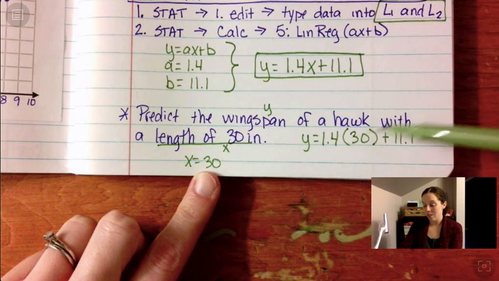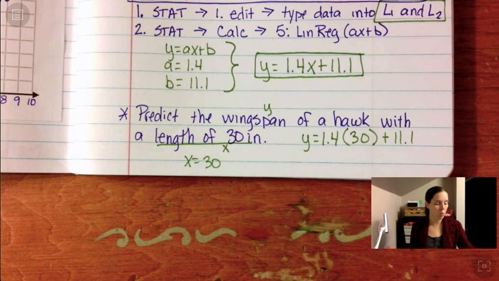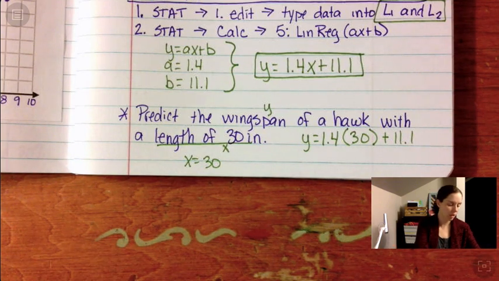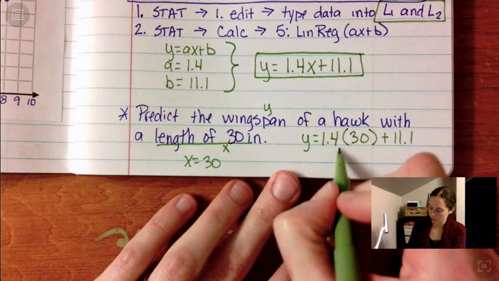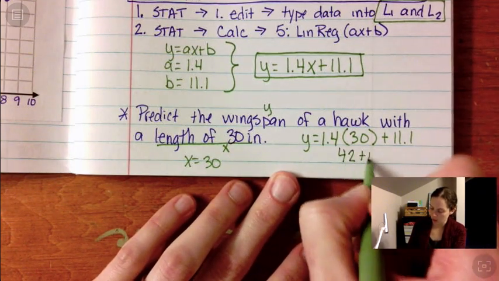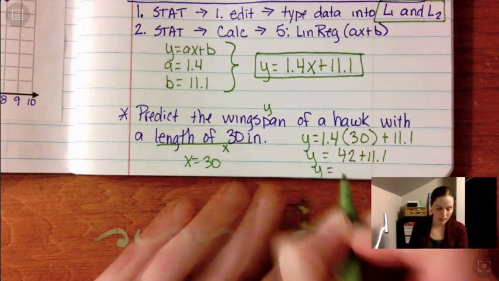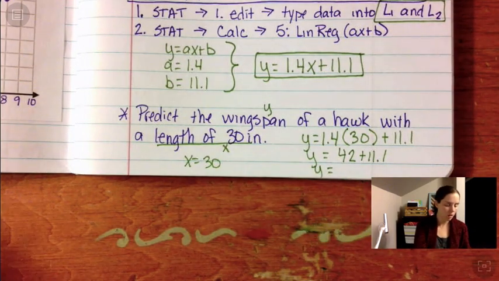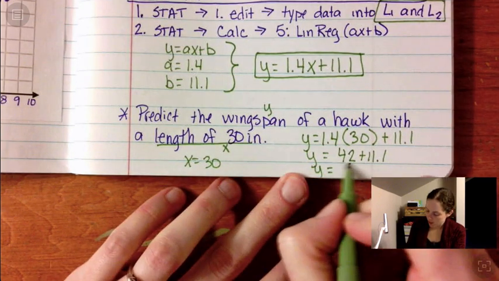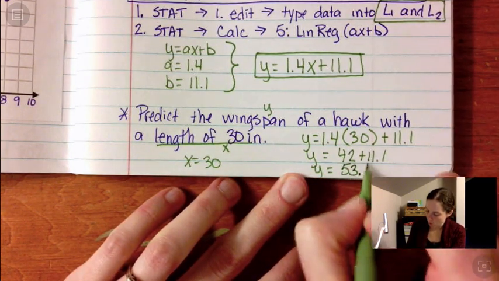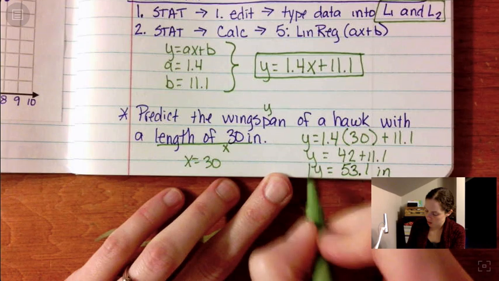And then if I do 1.4 times 30 on my calculator over here, that's 42 plus 11.1. I get that y equals 53.1 inches.